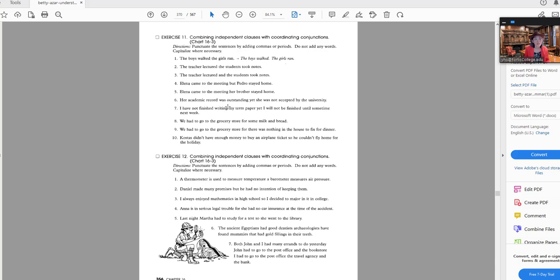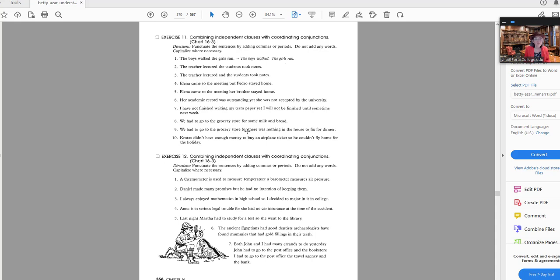Her academic record was outstanding, comma, yet she was not accepted by the university. I have not finished writing my term paper, comma, yet I will not be finished until sometime next week. We had to go to the grocery store for some milk and bread. All right, this is correct. We had to go to the grocery store for there was nothing in the house to eat.